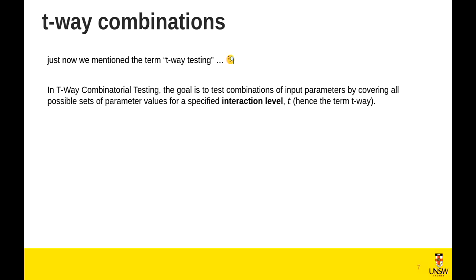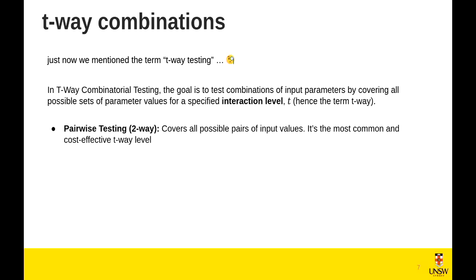And this interaction level is often denoted as T. So for example, if we do a two-way testing, which is pairwise testing, it means that we want to cover all pairs. We want to cover all the possibilities for all the individual pairs of input parameters.